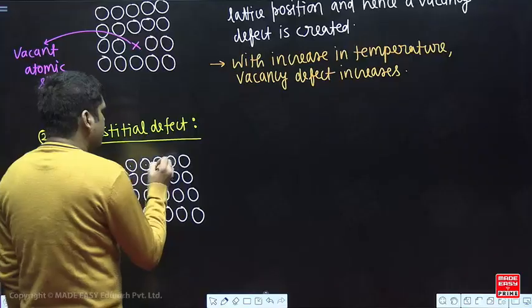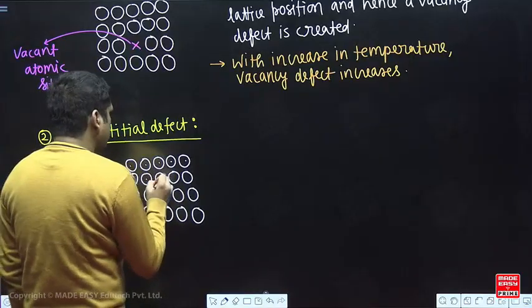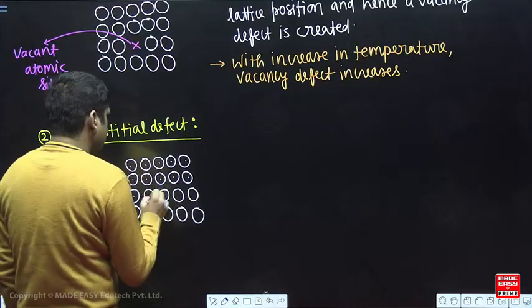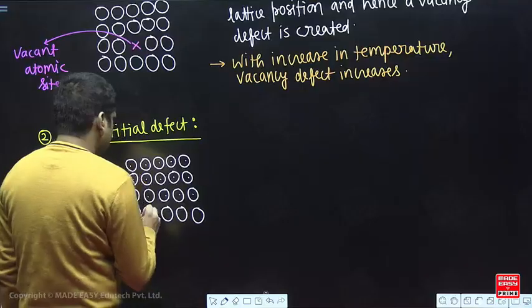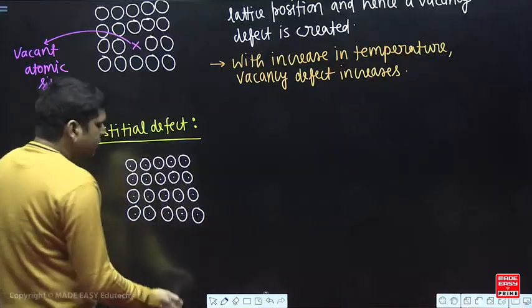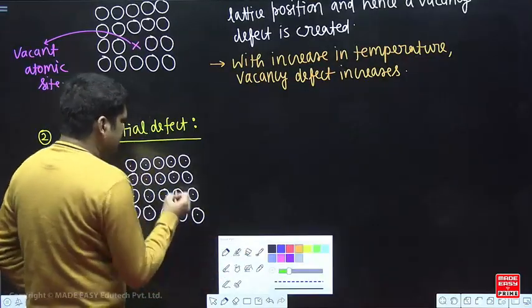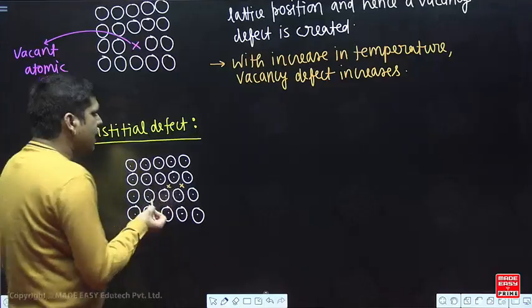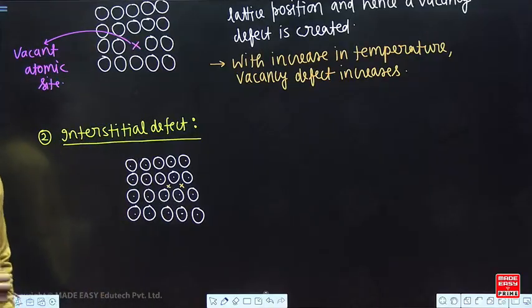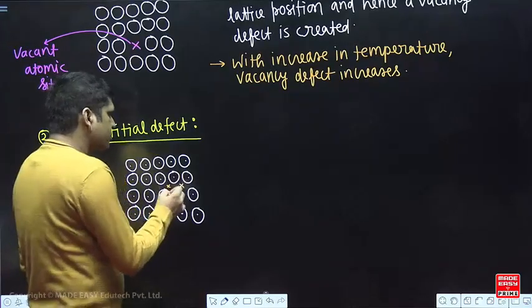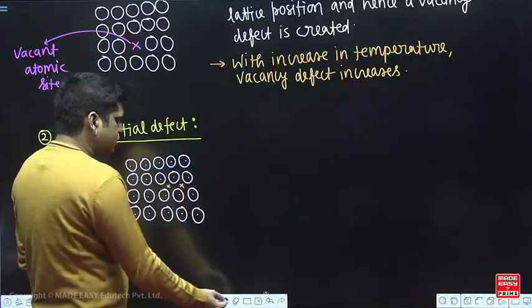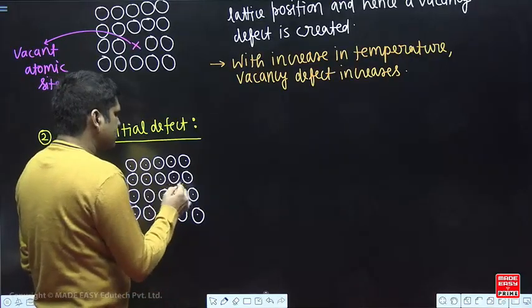These are places where atoms are located. These points are known as lattice points. Apart from lattice points, these spaces like this are known as interstitial positions. The position between two lattice points is known as an interstitial position.